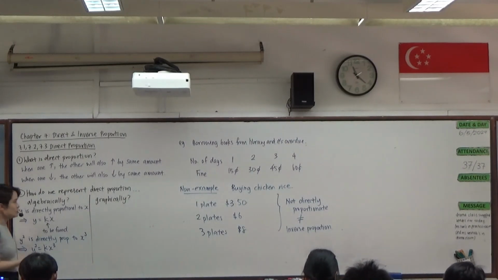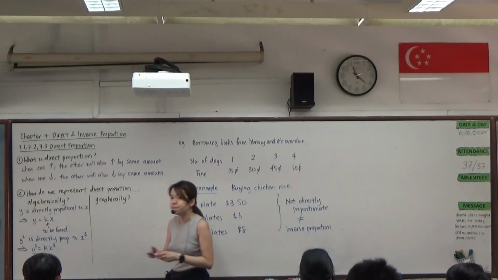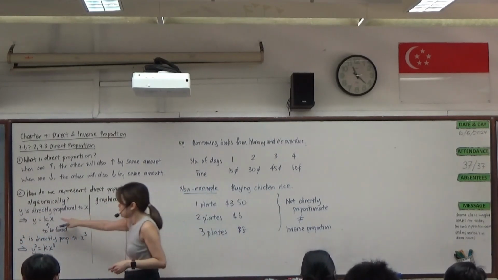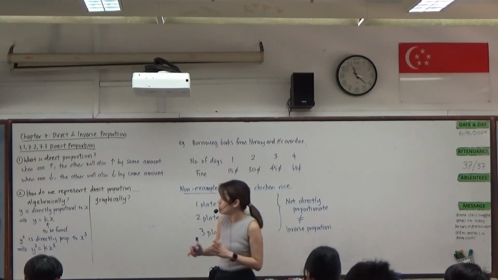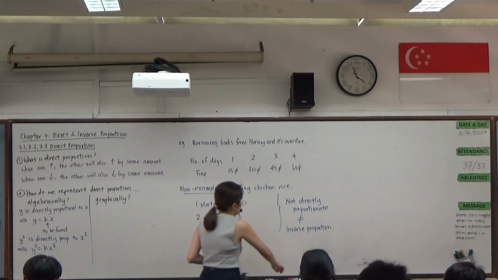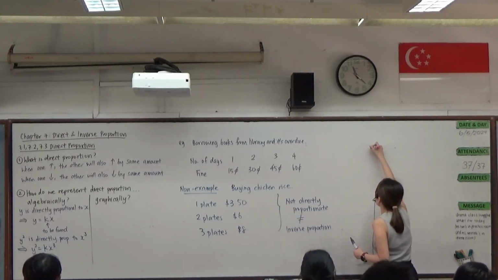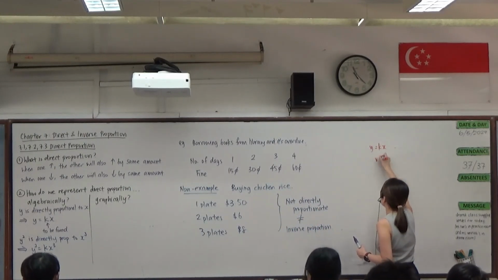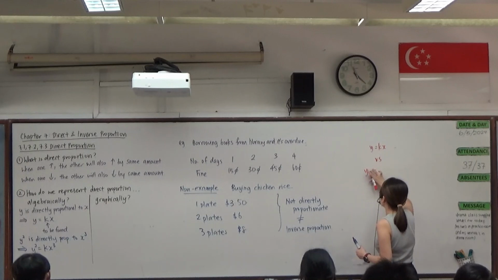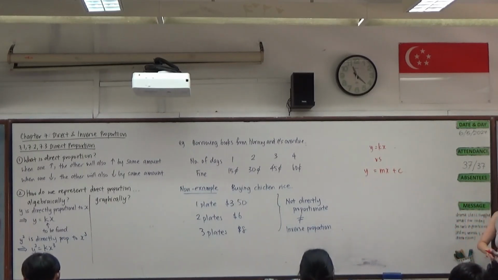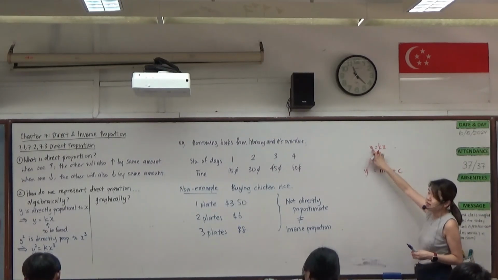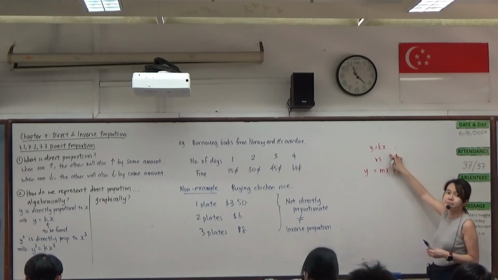If I want to talk about it in a graphical sense, looking at just this simple idea of y equals kx, if I were to compare it to my straight line equation, y equals mx plus c, how does this compare? I have a y, I also have x.